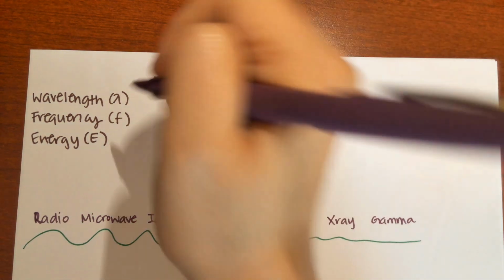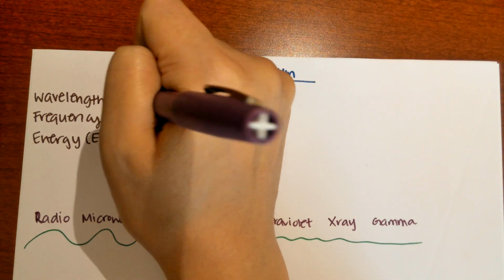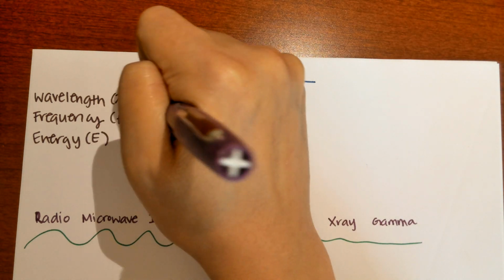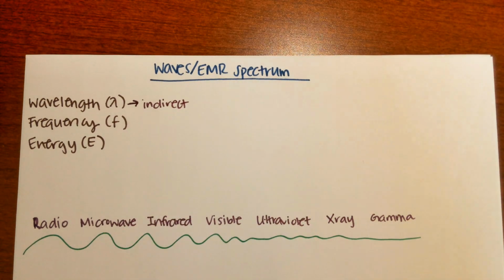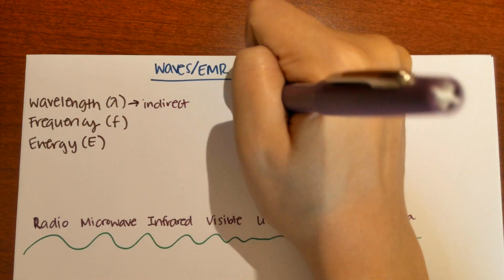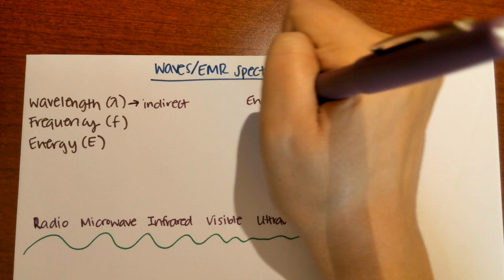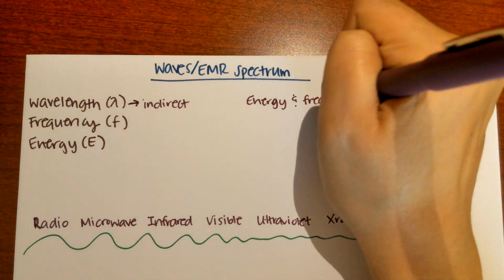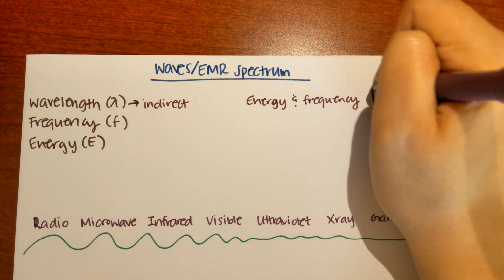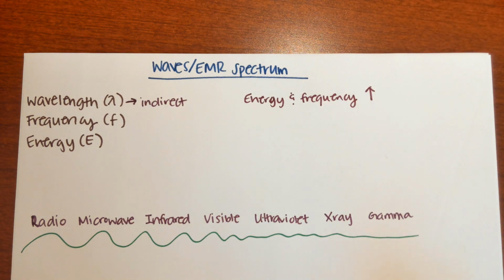So wavelength is always indirectly related to the rest of the variables. So basically you have energy and frequency. They are directly related, so they both increase or they both decrease at the same time.